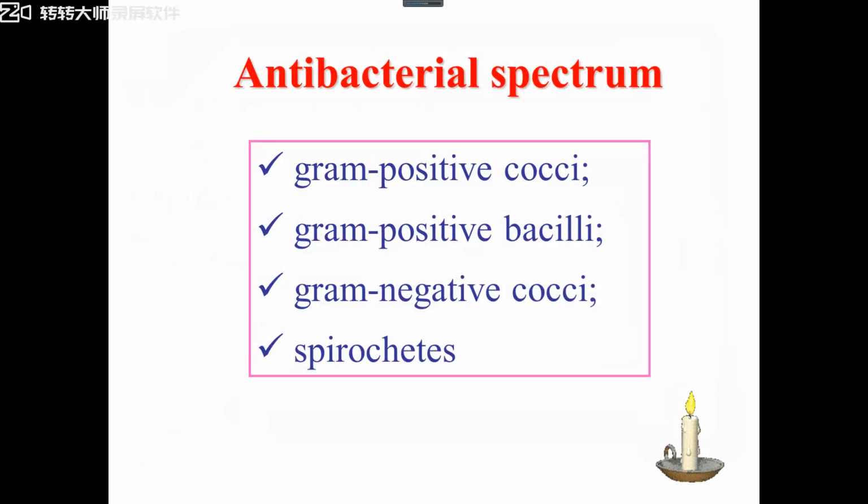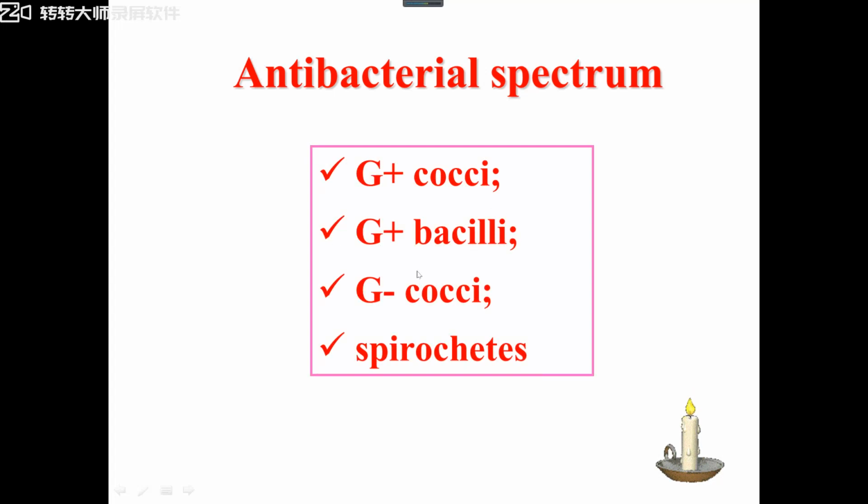Maybe it is a little difficult for you to remember lots of bacteria's names, so I need you to master this antibacterial spectrum of penicillin G. It is very easy: gram-positive cocci, gram-positive bacilli, gram-negative cocci, and spirochetes. You can write it down like this.